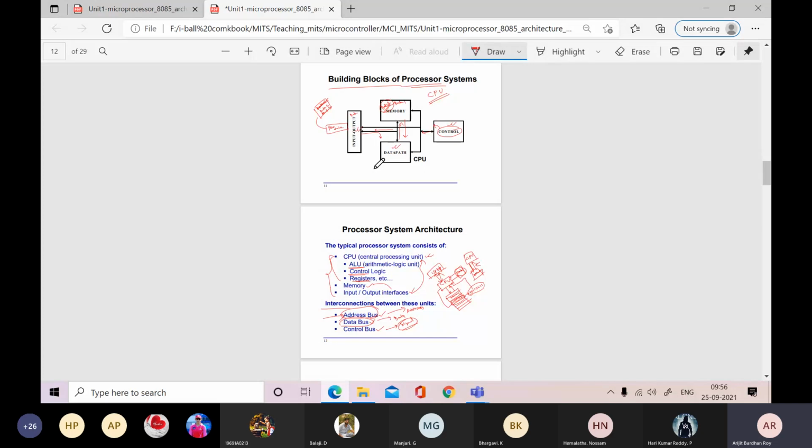I am giving you 5 minutes time to draw the building blocks of processor system and the processor system architecture. Note these two things down in your copy. After 5 minutes I will be back.